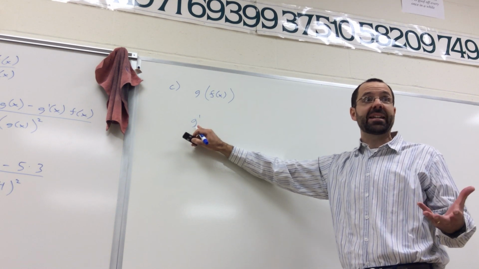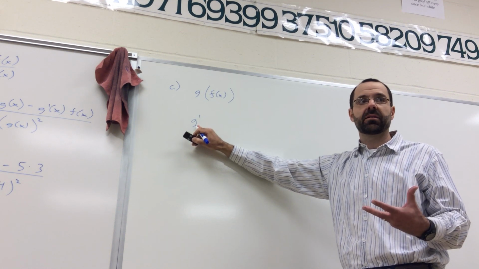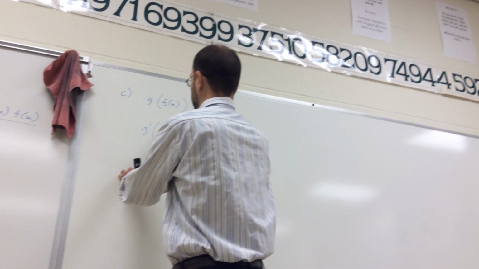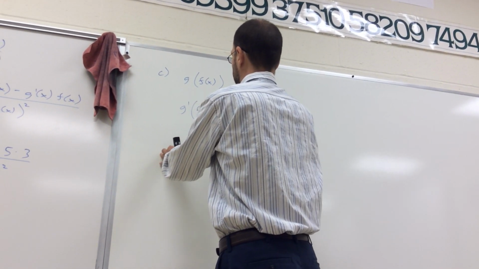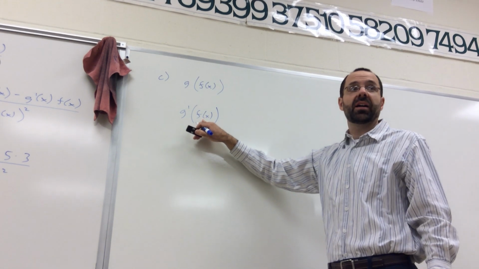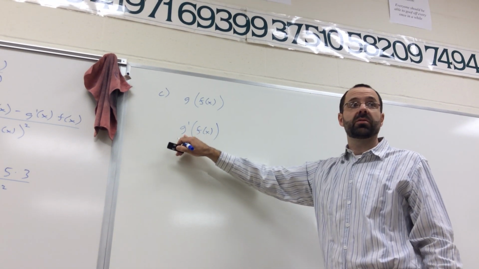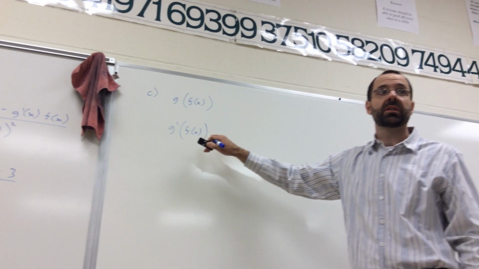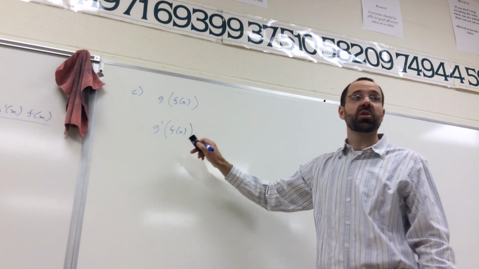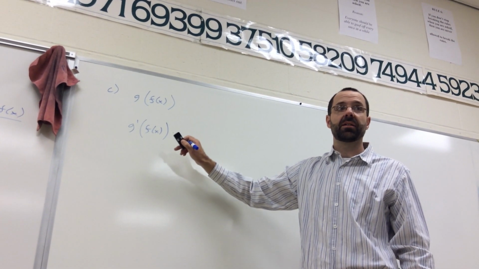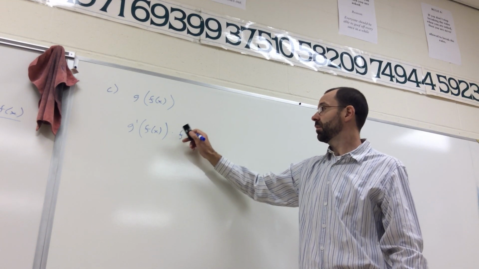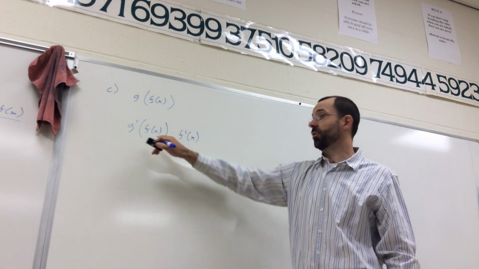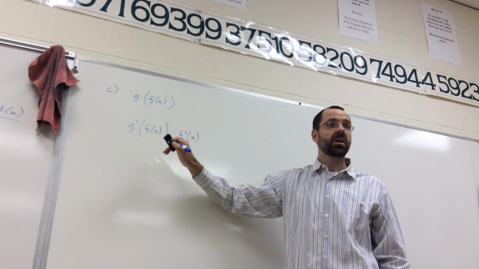You plug the regular inside into that. The regular inside in this case is f of x. So there's the regular inside plugged into g prime. Now we're done with the first two steps, and the last step is to multiply by the derivative of the inside. So there's my formula for my derivative.